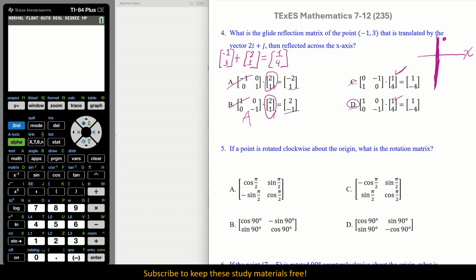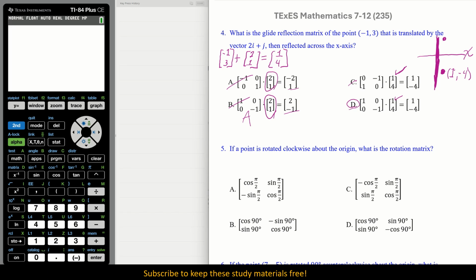That means that my end result should be here. And that should be at point 1, -4.